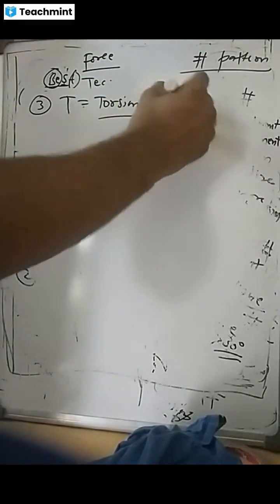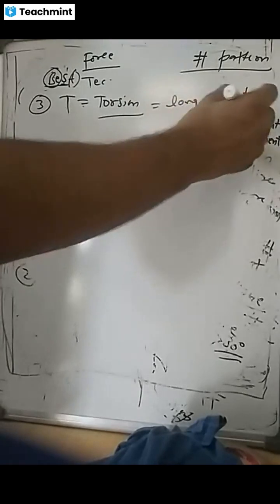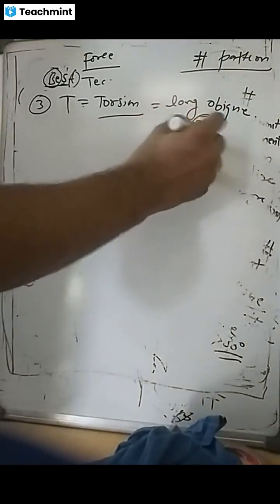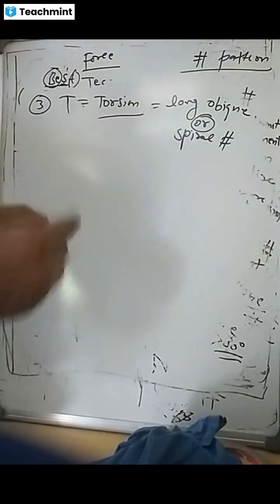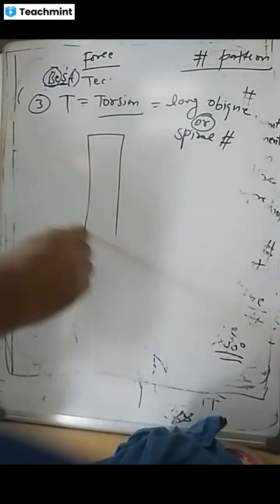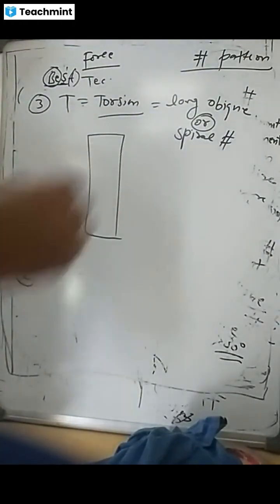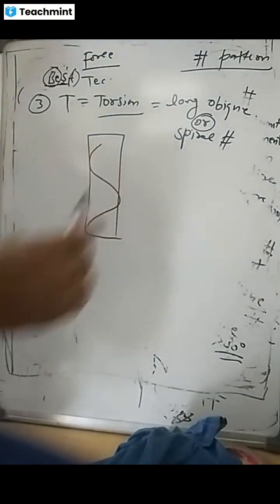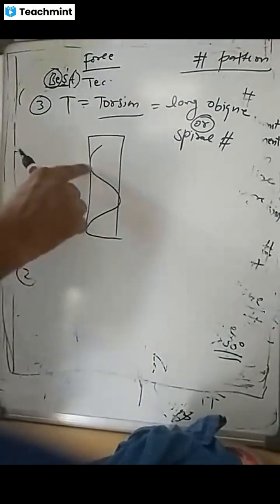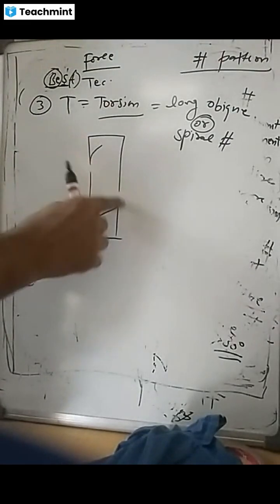This may lead to a long oblique fracture. It is also called a spiral fracture. This is the bone. The fracture will be S-shaped, meaning the fracture line will be like this.